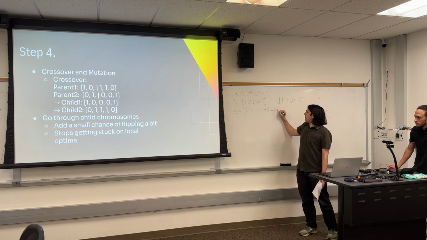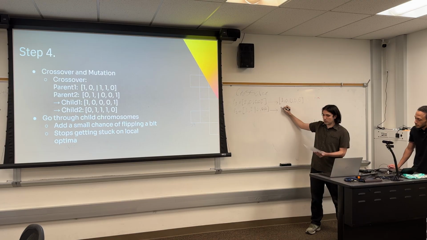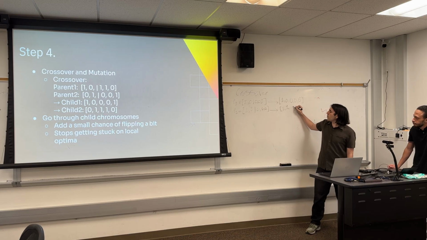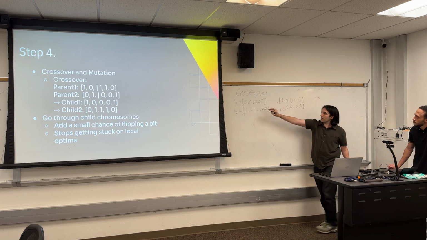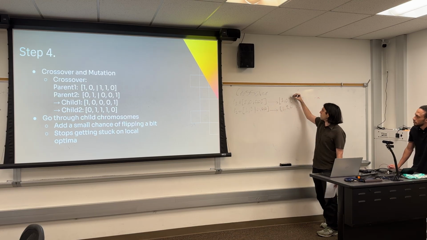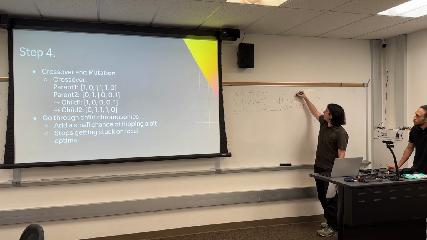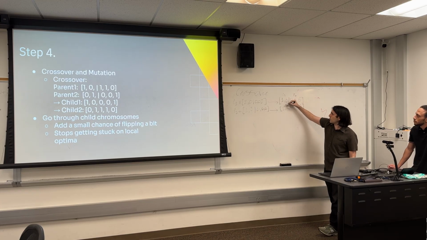We've got a new one here. It's gonna be 1, 1, 0. So we see we took just the first part, crossed over. This one's from P1, P2, and so on and so forth.